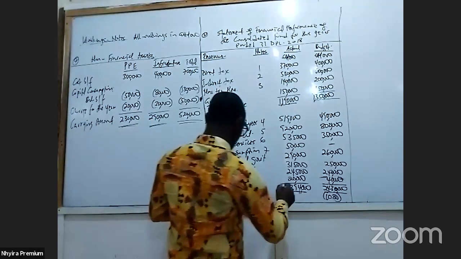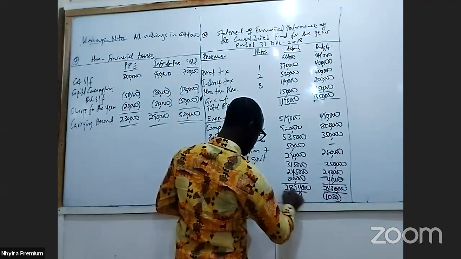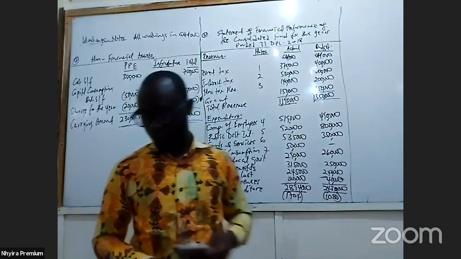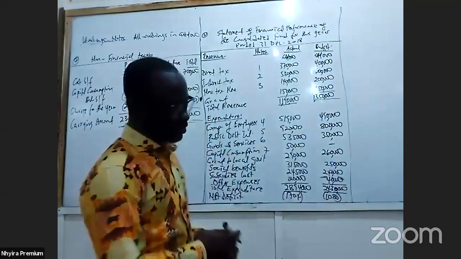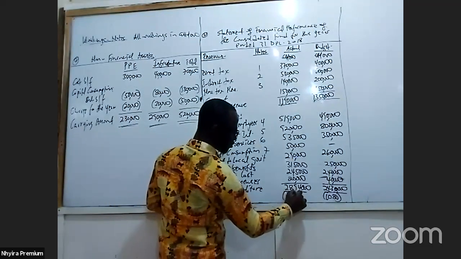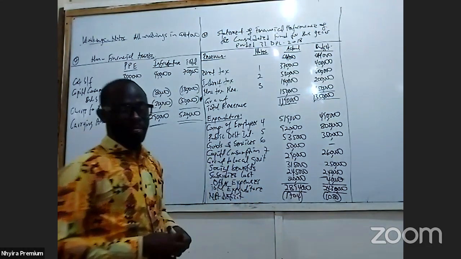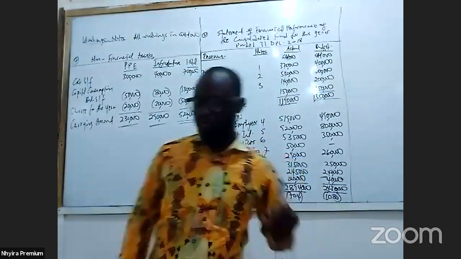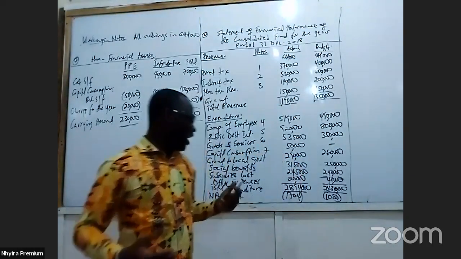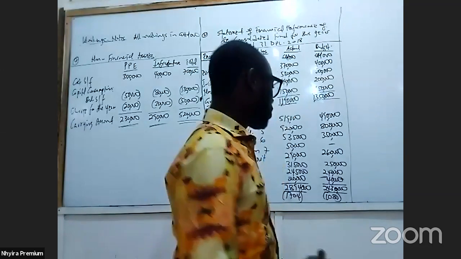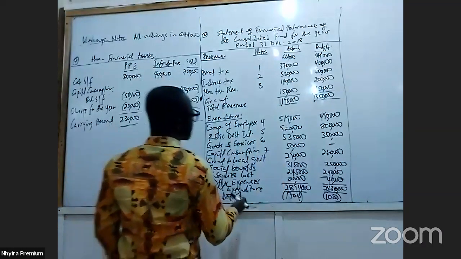Also a deficit of 1704. Okay, so that is our income statement as the net deficit or operating deficit.